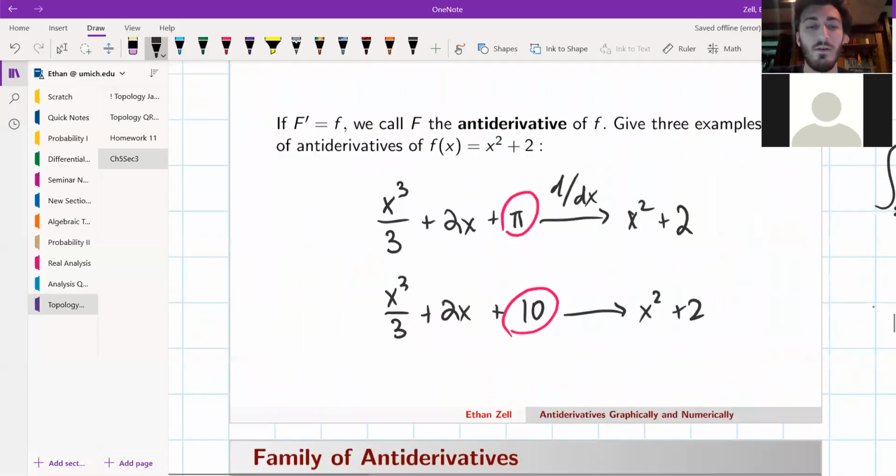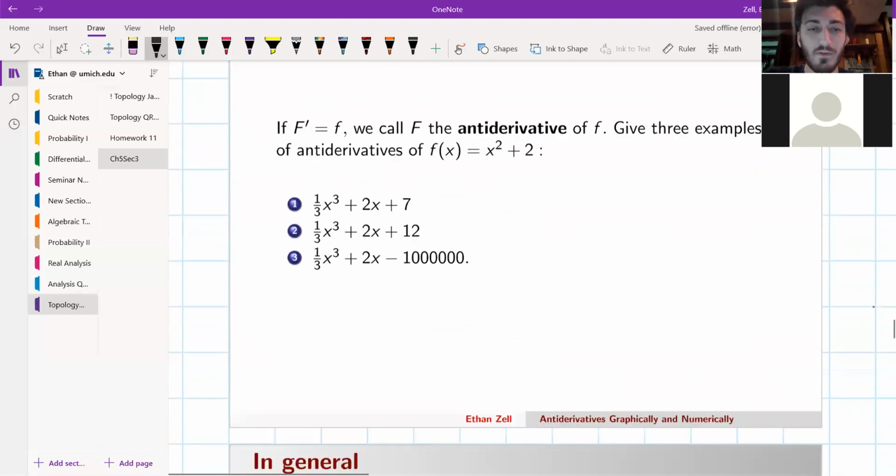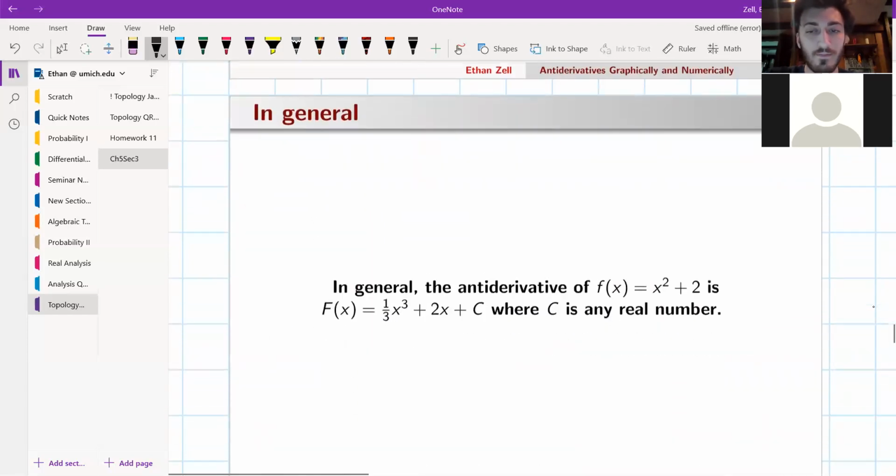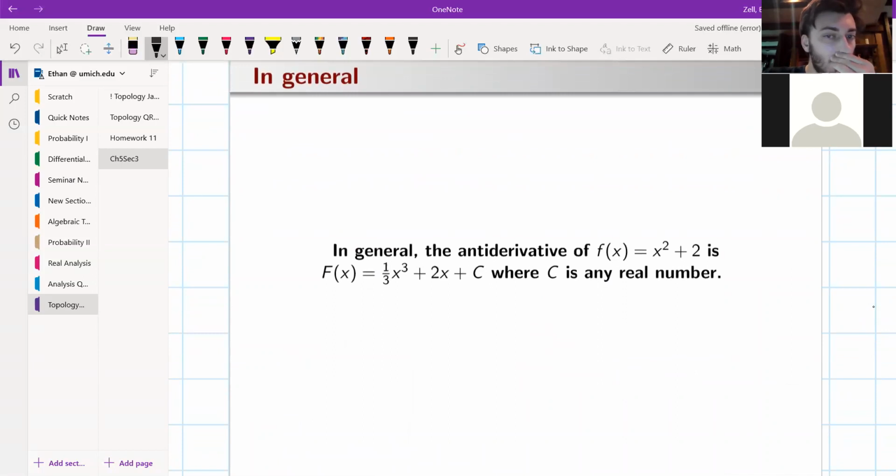Okay, so I'll give you some examples in the slides. In general, the antiderivative of some function little f is any function of this form for our example. And this is because it didn't matter what plus c we added, as long as this piece still gives us, when we differentiate, what we wanted all along.